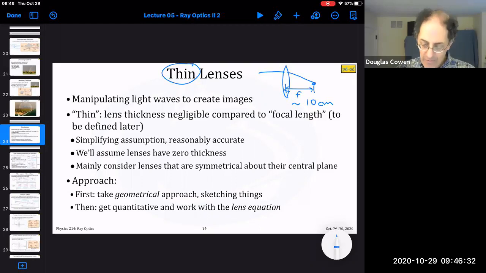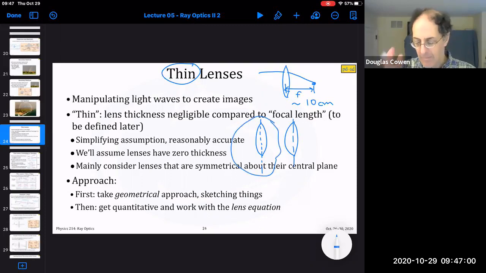And furthermore, that lenses are symmetrical about their central plane. So here's an example, a lens that's symmetrical about its central plane. You could, of course, have a lens that looks more like this, so it has different curvatures on one side or the other of the central plane. But we're going to focus primarily on the ones that have symmetry about the central plane.